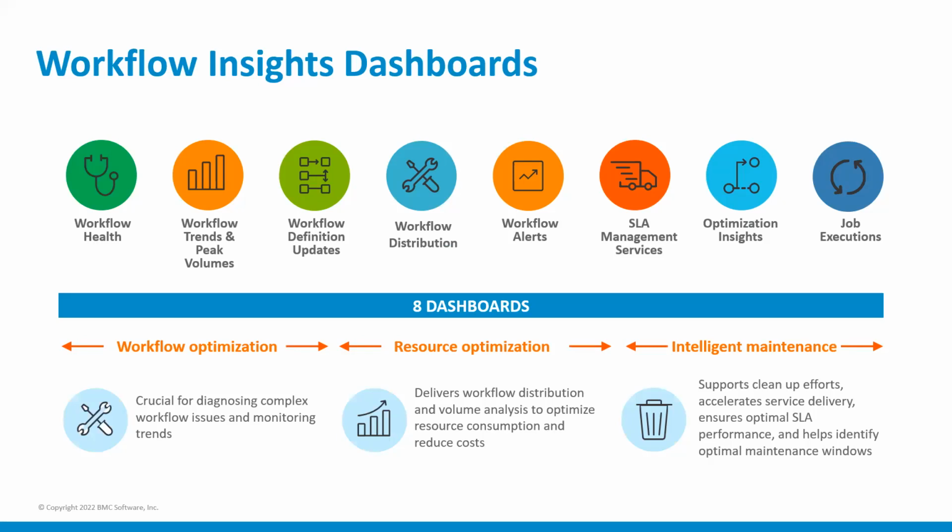Then resource optimization, which basically tells you the distribution of resources, and the volume analysis, which tells you how resource consumption can be reduced. And then intelligent maintenance, which comes down to how many job executions are happening, and how many SLA breaches are happening every month, or let's suppose every week. So you can modify your search criteria through the filters which are available.